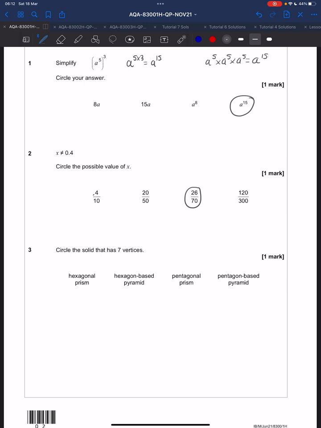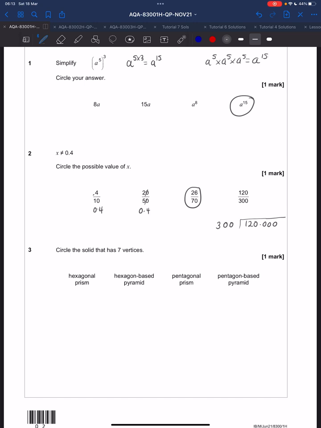This is 120 divided by 300. Actually, it's not the best example to do this type of long division, but I'll do it anyway. If you need to work it out, I can see that that is 0.4 because it's 4 divided by 10, and this is 2/5, which is 0.4 as well.